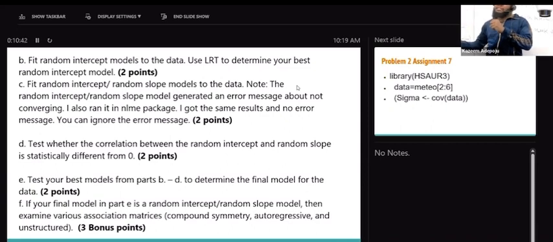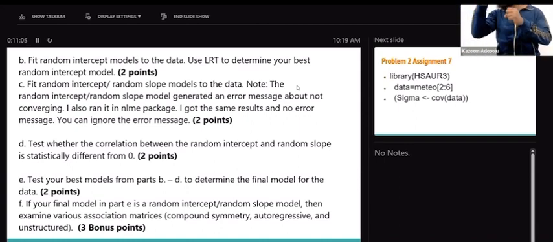When I reject H0, what am I trying to say? Don't forget, H0 is saying uncorrelated. Alternative is saying correlated. Then it means the correlation is significant. That's what it means. Test whether the correlation between random intercept and random slope is statistically different from 0.